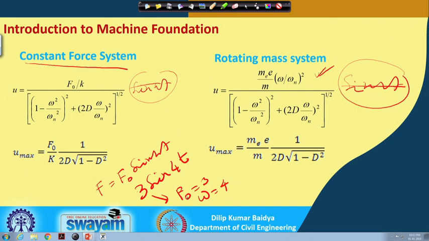So, this is one type of forcing system, that means 3, it has some unit, maybe 3 Newton of force at a speed omega, it is subjecting to a foundation, then it will produce some vibration. So, this is the force, in this f naught is this.